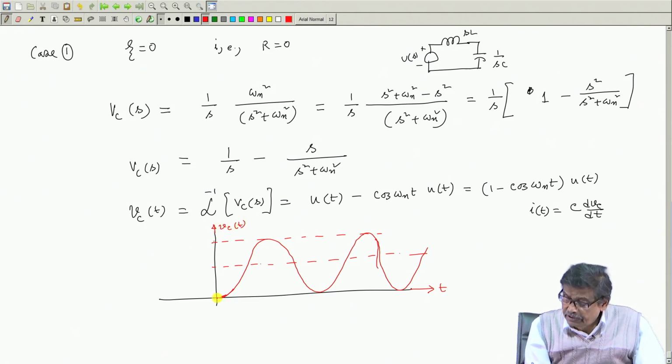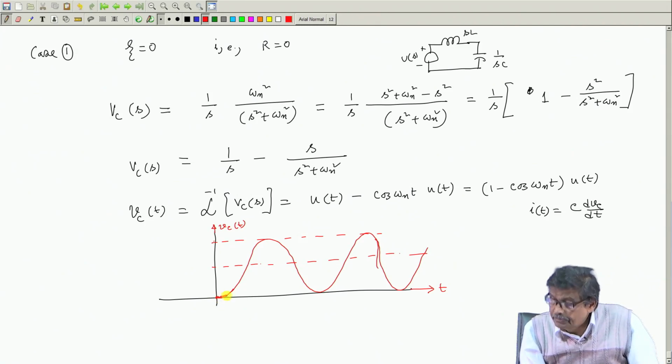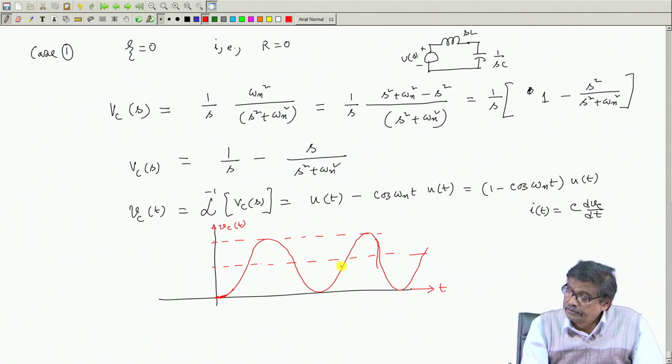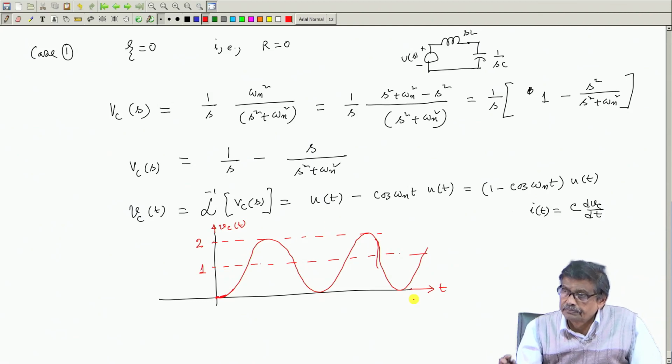So, the capacitor voltage has to start from 0 and also the current is 0. So, it must be cosine. So, it has come as cosine. So, at t equal to 0 you see 1 minus 1 is 0, it starts from here. This will be 1 and this will be 2 in this plot.